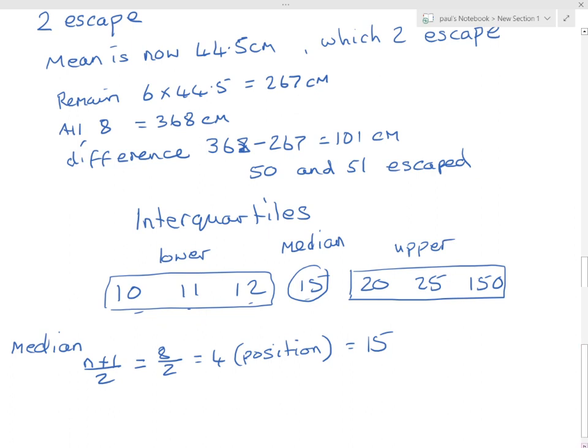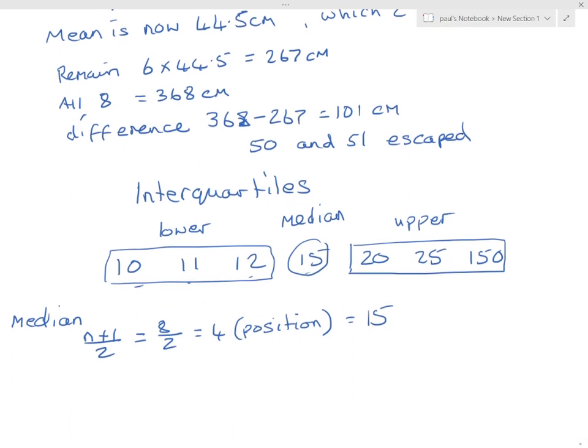We'll take the lower to start off with. The lower quartile is n plus 1 divided by 2. There are 3 numbers in the lower half, so that's 4 divided by 2, which equals 2. That's the position. So count 2 from either end, and we come up with 11.